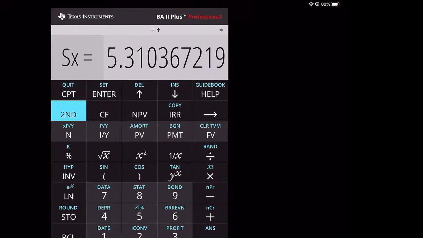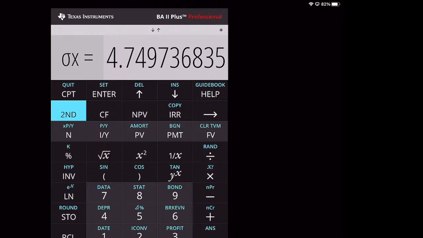And what's this? And what's this? What's the difference between those two?